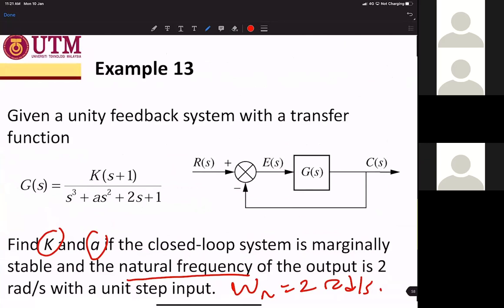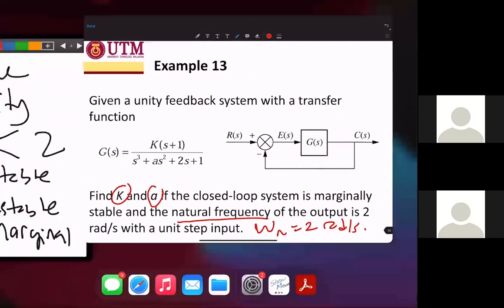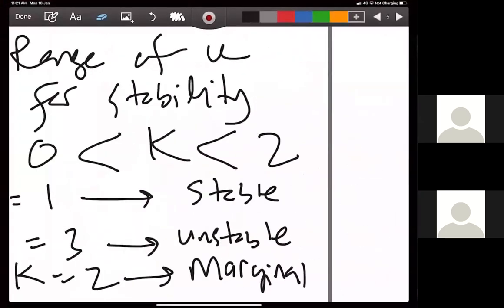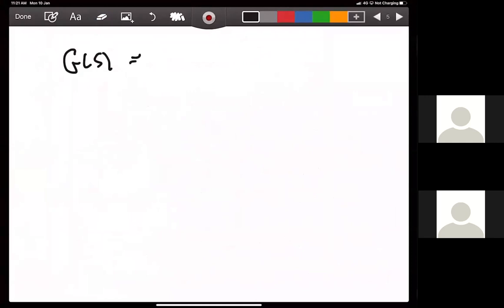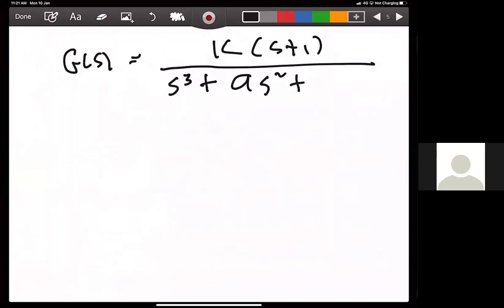Daniel, can you read for me the G(s)? K times S plus 1, over S power of 3 plus A S square plus 2S plus 1.